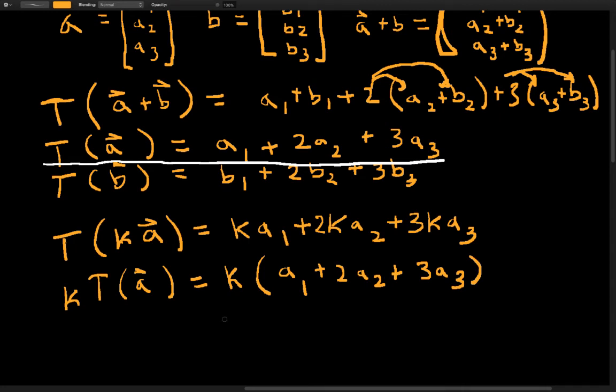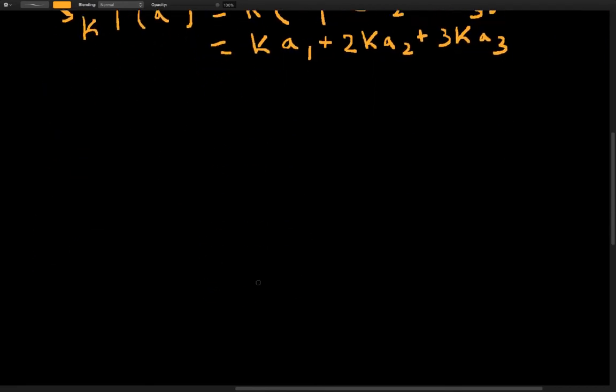We would find that these two transformations result in the same thing. I'll just distribute this real quick: kA1 plus 2kA2 plus 3kA3. So now these are the same.